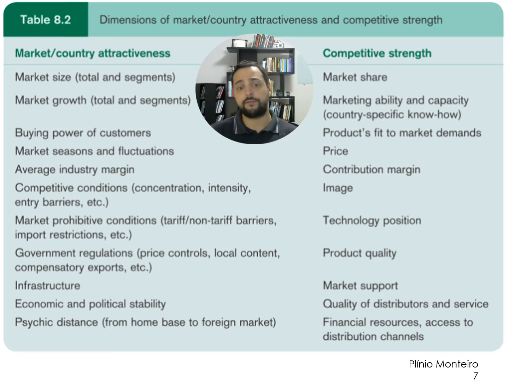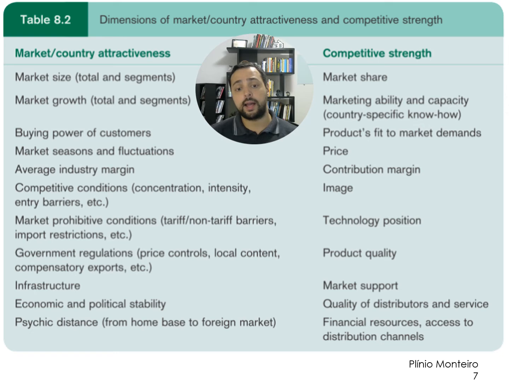If you have a lot of fluctuation in the market seasons, the average industry margin, competitive conditions like concentration, intensity of competition, the entry barriers, some conditions that can create limitations for foreign business operating in the country, like the tariff and non-tariff barriers or import restrictions.